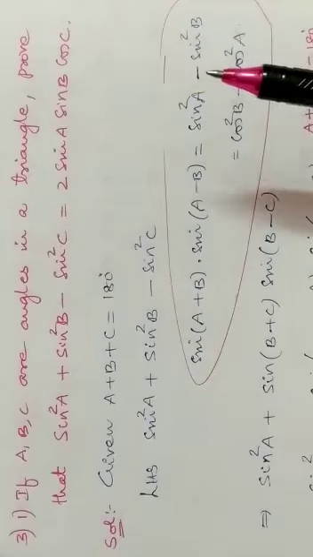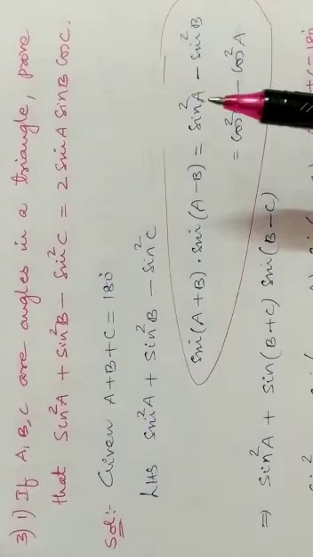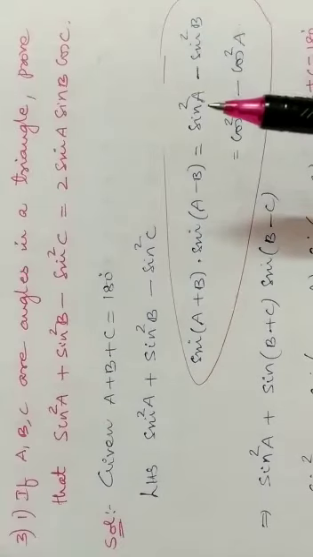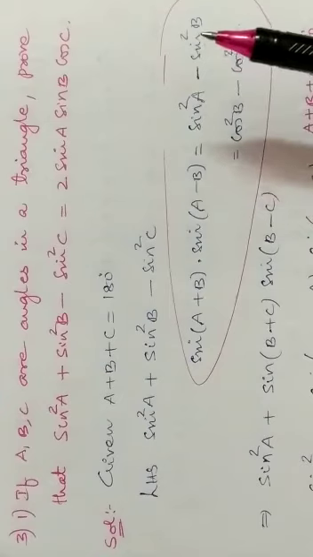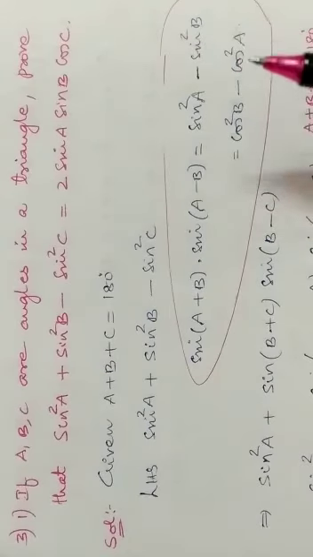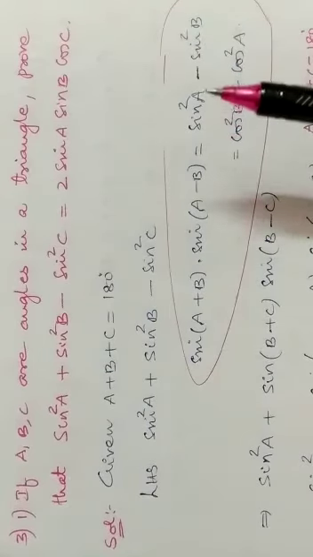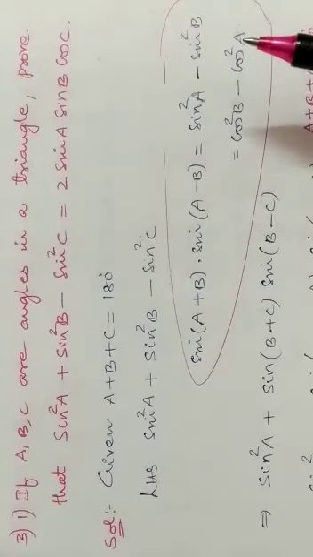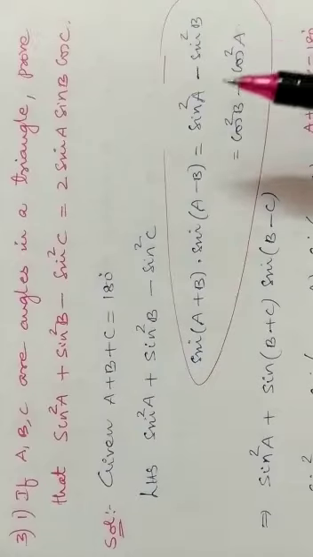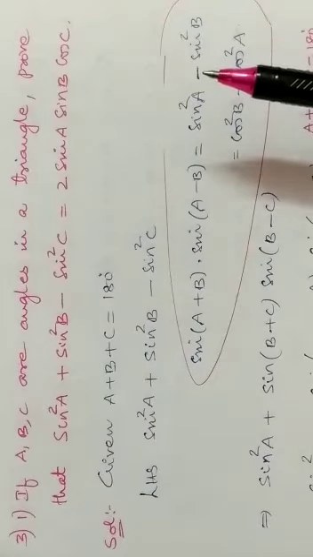So the formula is applied if two square terms, sin², cos², sin²A minus sin²B, cos²B minus cos²A, have minus in between.